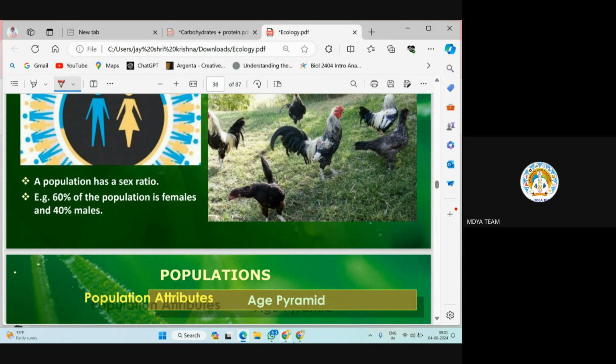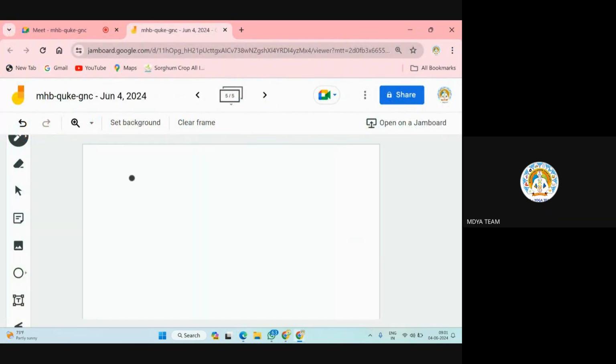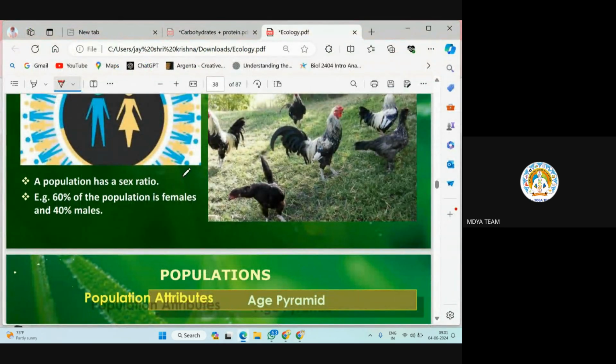If you are writing the ratio of male to female, and it is 12:6, so males are 12 and females are 6. Their ratio is 12:6. So this is all about sex ratio.